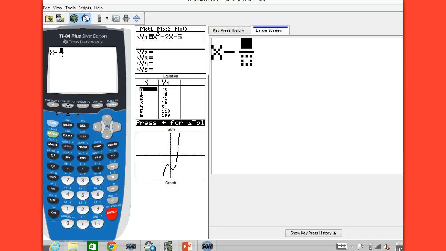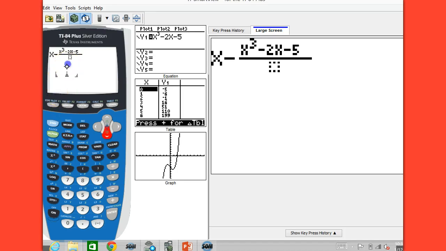So our original equation in our numerator will be x cubed minus 2x minus 5. All right, and then down in our denominator, we need the derivative of that, which was 3x squared minus 2.